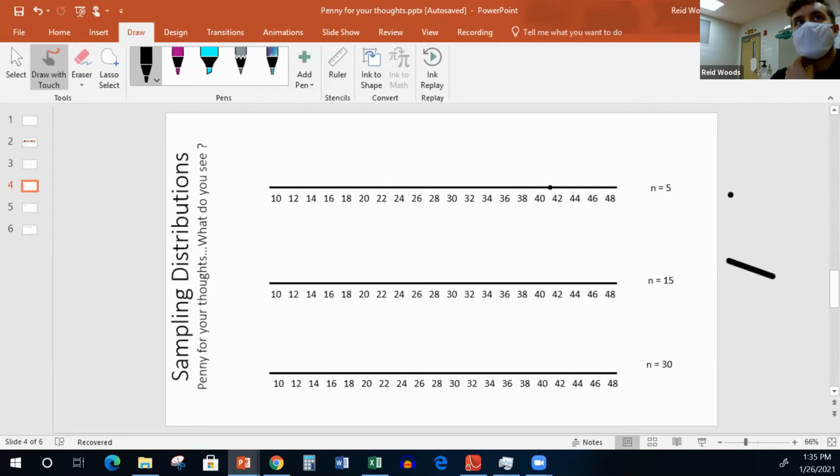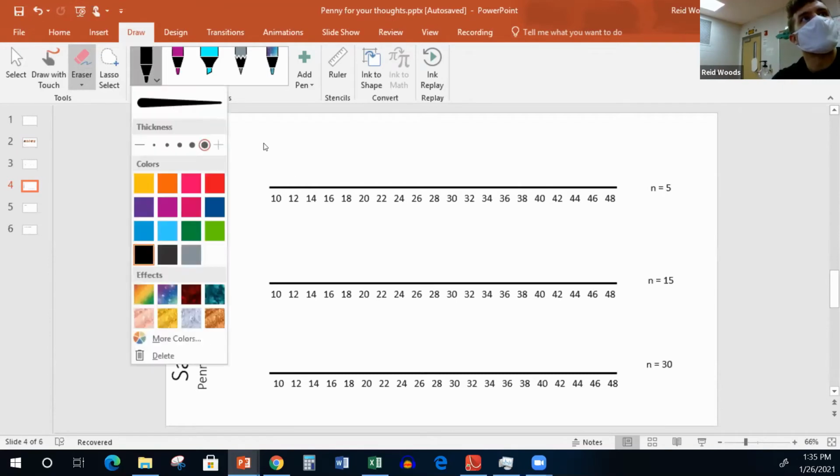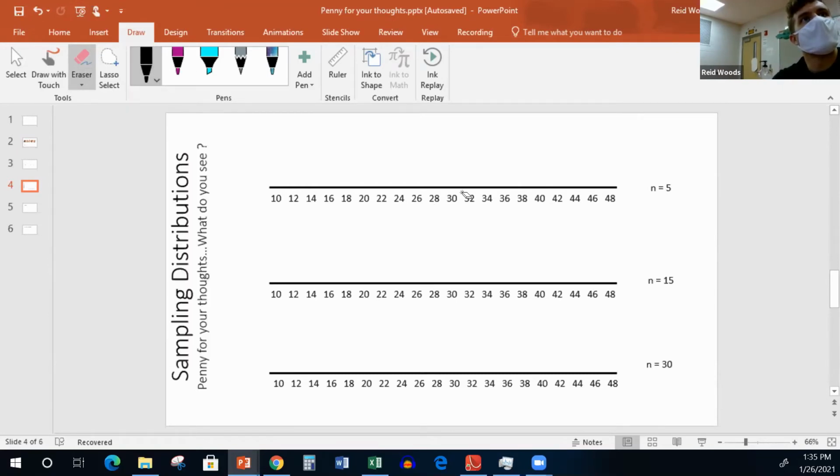If I can even get it. Okay, there we go. That did not work. Why is this not drawing? Wow, what is happening? Hold on. It's so laggy. I've got to get this figured out. Okay, so 37. Please draw.